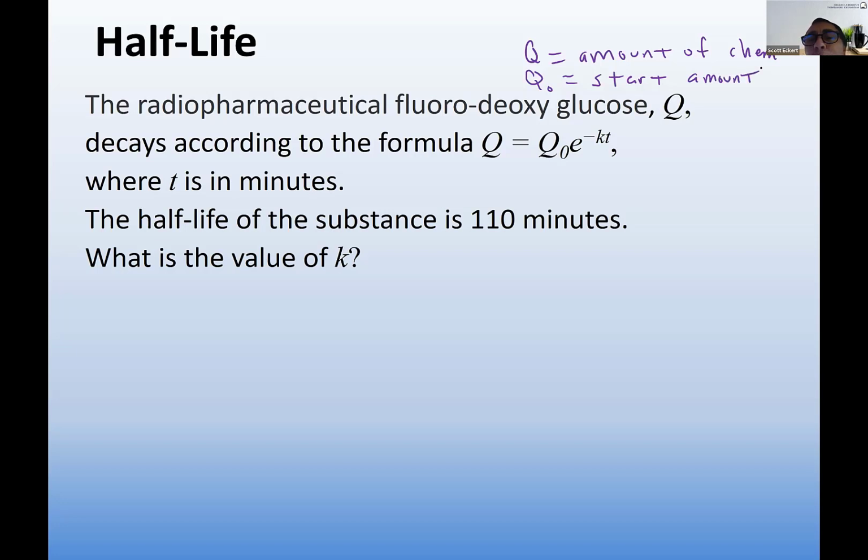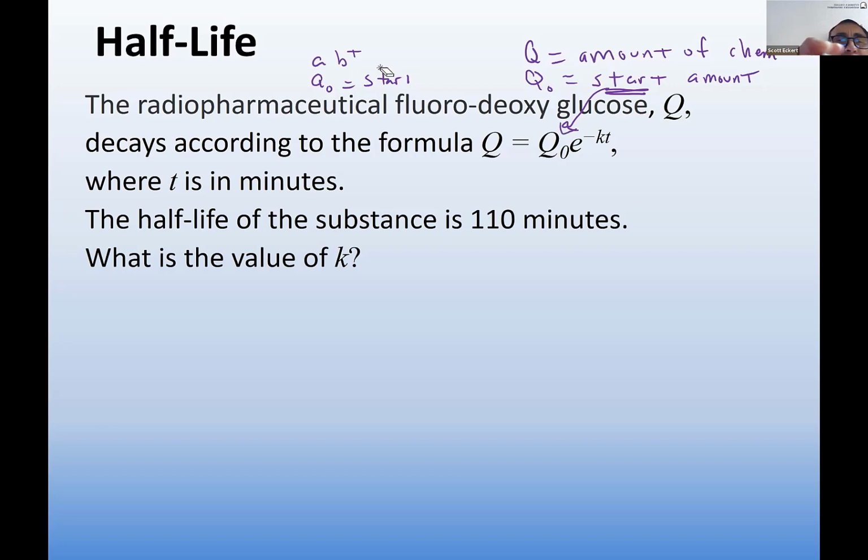And they call that Q naught. When we did A times B to the t power, we could say A naught is our start. So it's just different notation for the same thing that we've studied about the starting number. Does that make sense? So that is our starting number right there.